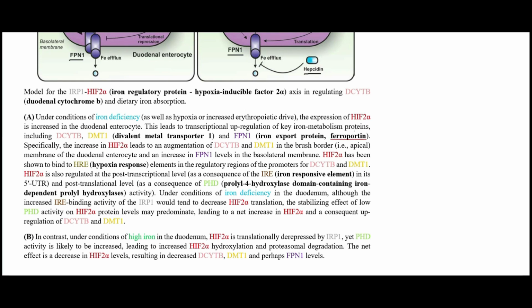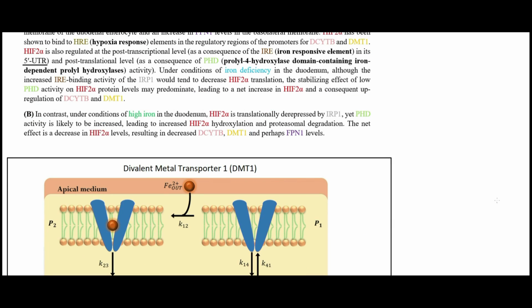Yeah, and so this is just the description of kind of what I was saying up there, where this HIF2 alpha is increasing the DCYTB, the DMT1, and the FPN1 here. And then this HIF2 alpha is actually being controlled at the post-translational level by binding to the 5' UTR there.